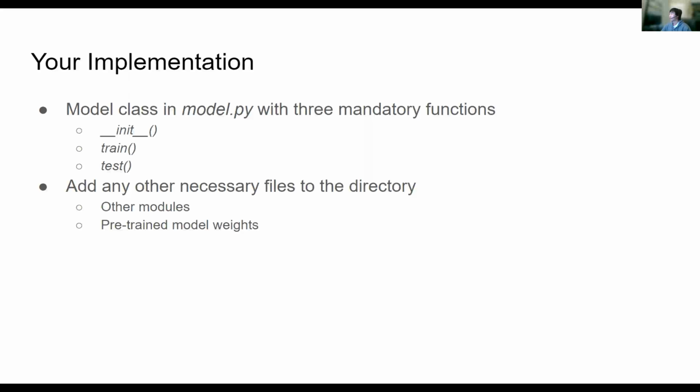This is where you have a lot of freedom to decide things like how do I want to use the characteristics of the task to determine training schedules, hyperparameter tuning, architecture search. And you can add any other necessary files you want to the overall directory. We'll allow you to use other modules, other packages, pre-trained model weights, and existing implementations, as long as they're open source.